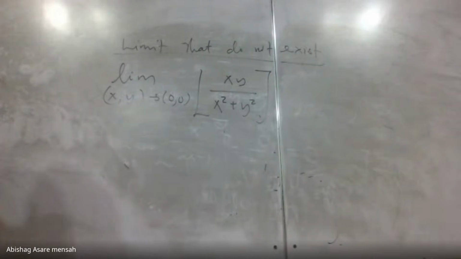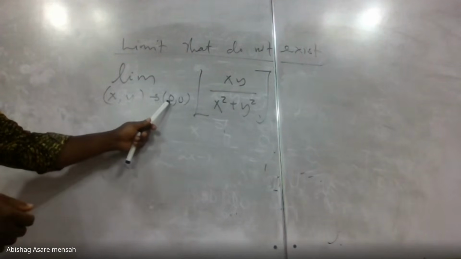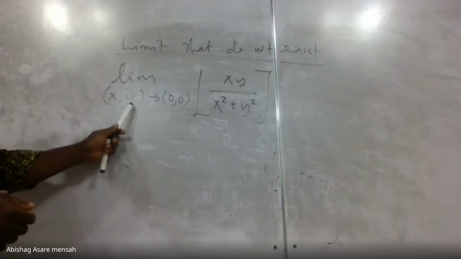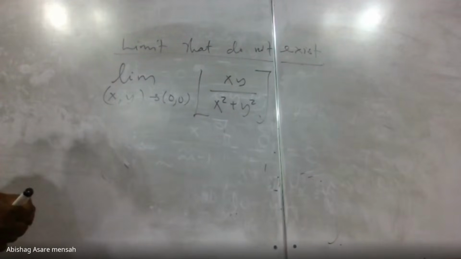We want to check if this one exists. First, set x equal to 0. Then we come and set y equal to 0, and see if the answers will be the same.